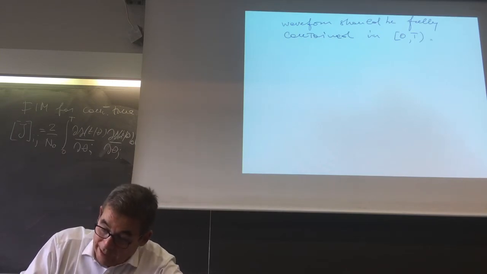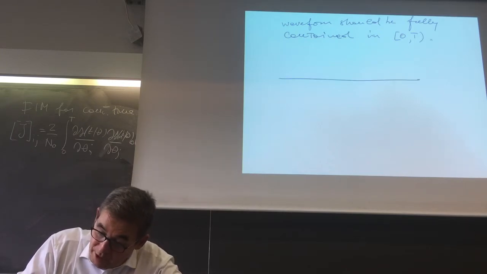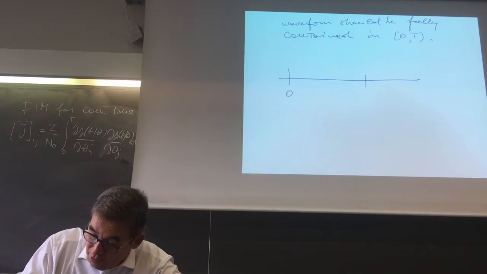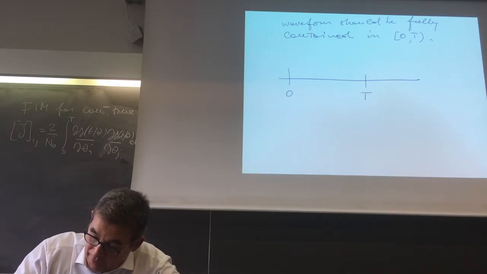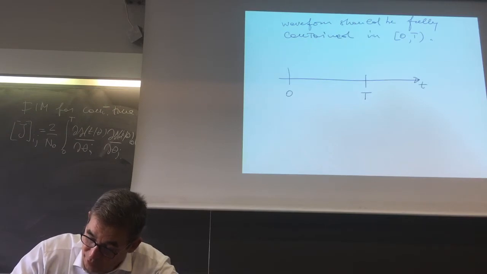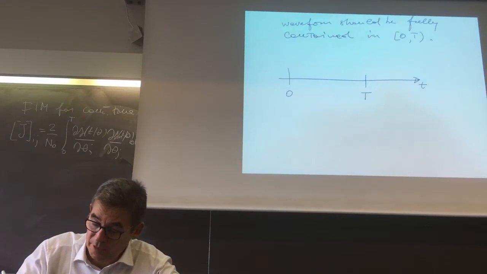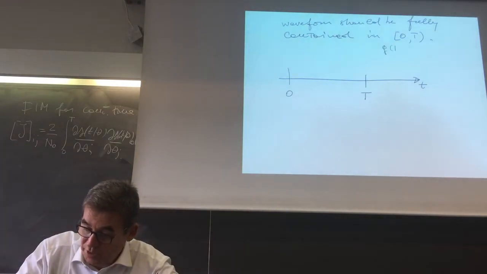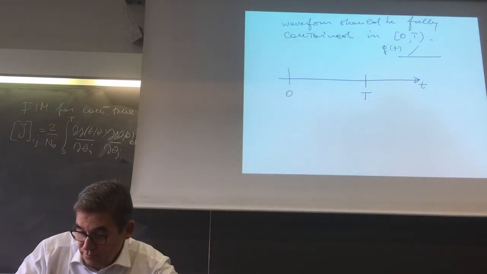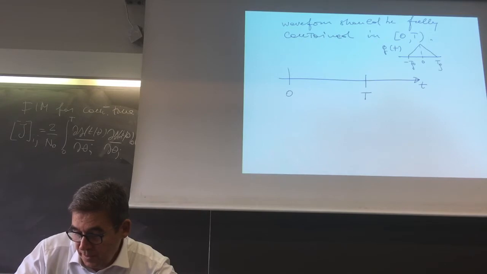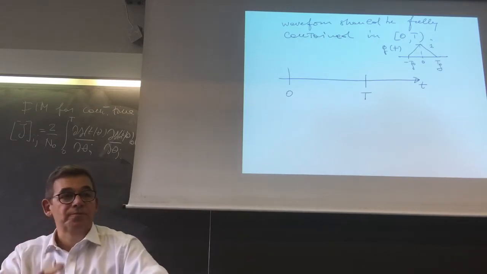Now, let's make a counter example of that. Imagine that my interval 0 to T is this one, and my waveform, let's make a triangle as a waveform, just to make it easy, okay? So my waveform g of t is a triangle, and the amplitude is 1, just to make it easy.